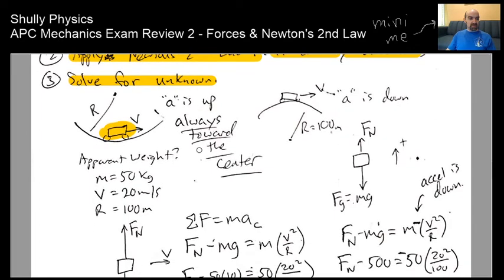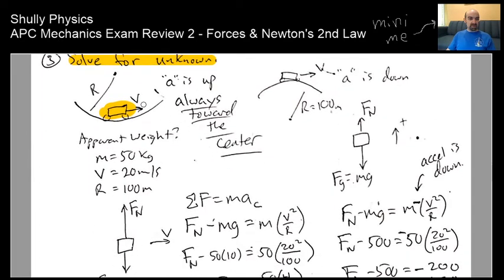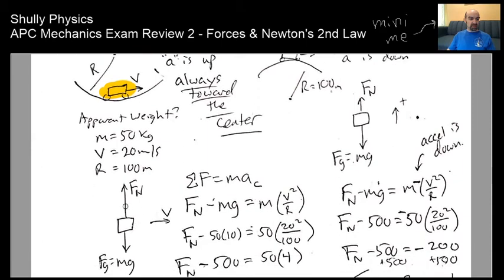Okay, the first thing I'm going to do in this situation, at the bottom of a hill, is draw a force diagram. There it is. Up is the direction of the centripetal force. Writing out your givens is also very helpful, so you don't have to go looking back into the question over and over again. So, draw the force diagram.